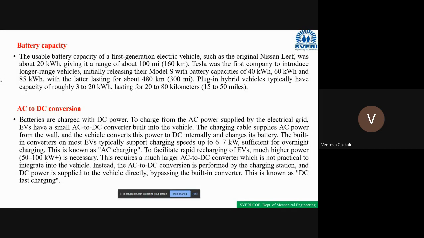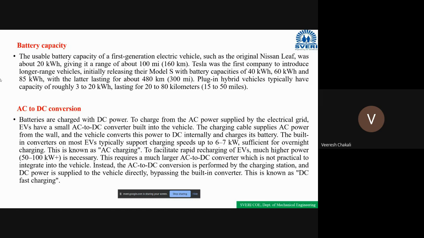Tesla was the first company to introduce longer range vehicles, initially releasing the Tesla S model with battery capacities of 40 kilowatt hour, 60 kilowatt hour, and 85 kilowatt hour, the latter lasting about 480 kilometers, approximately 300 miles. Plug-in hybrid vehicles typically have a capacity of roughly 3 to 20 kilowatt hour, lasting 20 to 80 kilometers, or 15 to 50 miles.